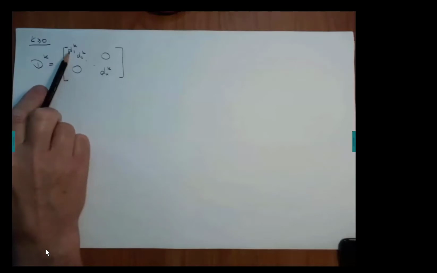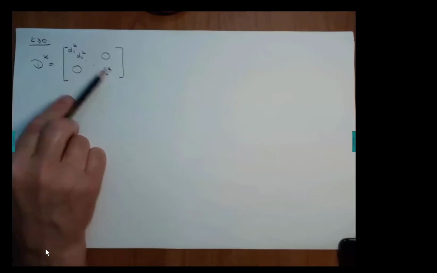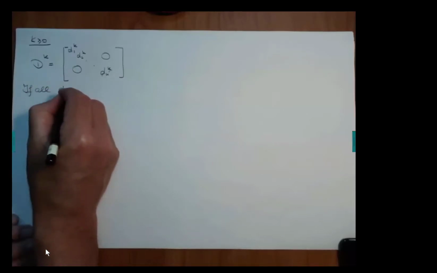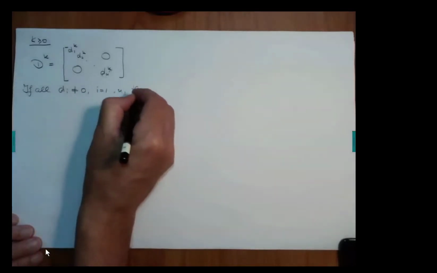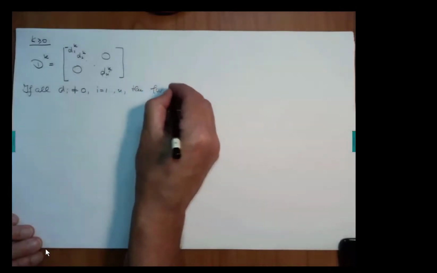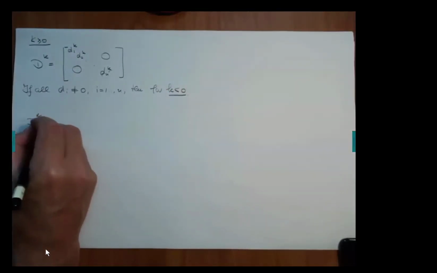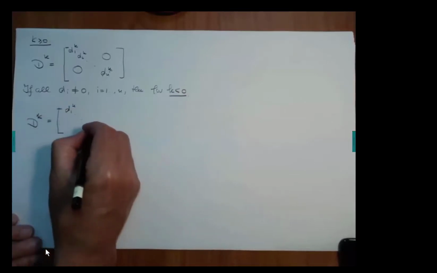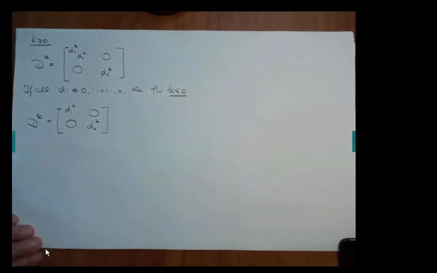Now you also see, if none of these diagonal elements are 0, so if they're all non-zero, we can also use negative powers. So if all diagonal elements Di are non-zero, i goes from 1 to n, then also for negative exponents we have D to the power of k in the same way, D1 to the power of k up to Dn to the power of k, and outside tons of zeros.